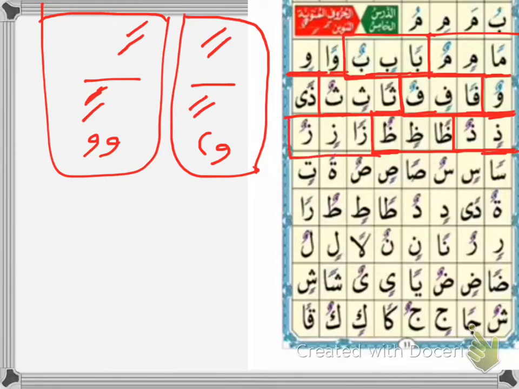Next. زا فتحتين زن، زا كسرتين زن، زا ضمتين زن. Just want to point out this one. You see the ألف after the زا فتحتين, and we have the ألف after the ظا فتحتين.